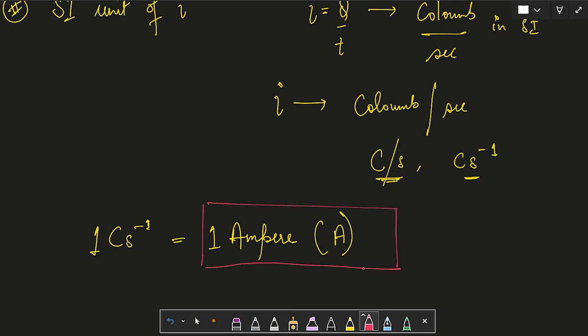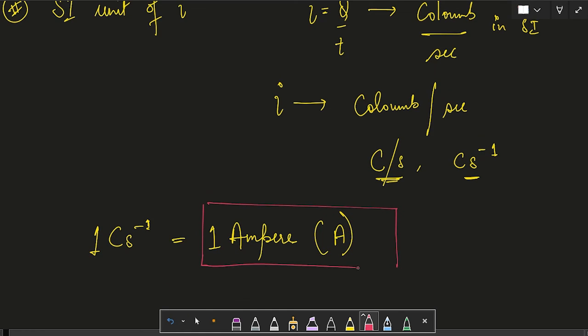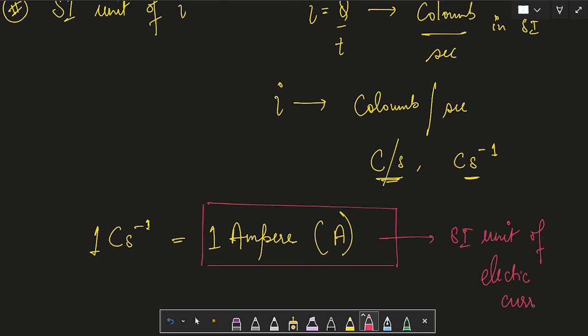This is the SI unit for electric current. So if we need to define what the SI unit is, it's ampere.